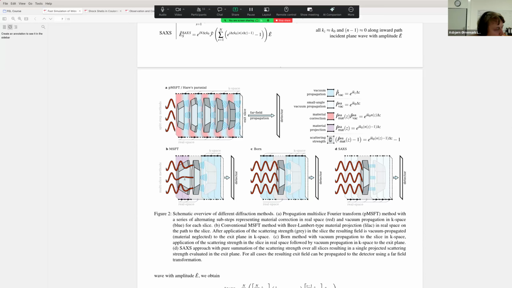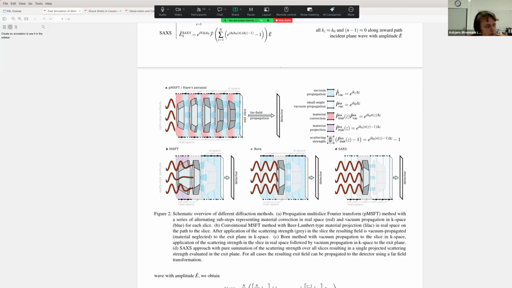If you are deep in your particle and it has a high delta parameter, I think is the one that does the absorption, then that layer matters less because there's less scattering in it. But PMSFT, through a combination of Fourier transforming and then transforming back, you can think of as taking each slice, and whatever the slice generates as propagation also goes into the next layers.